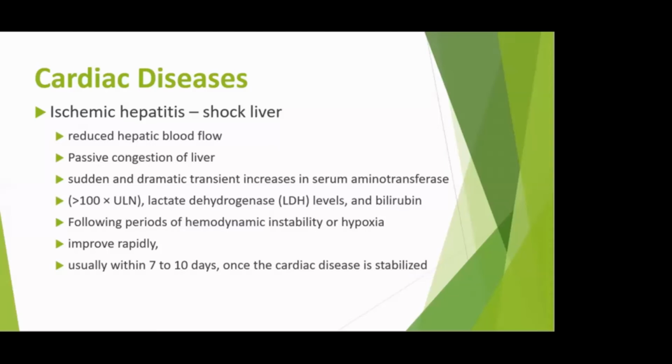Patients usually show a sudden and dramatic transient increase in serum aminotransferase that is more than 100 times the upper limit of normal, and LDH levels and bilirubin following periods of hemodynamic instability or hypoxia.